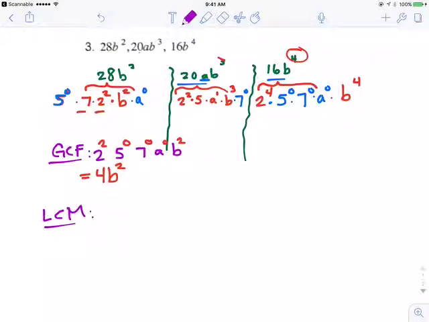What are all the different terms that I'm going to put down there? Selena, help me out. It's all right here. The least common multiple. Yeah, but just tell me all the different terms.